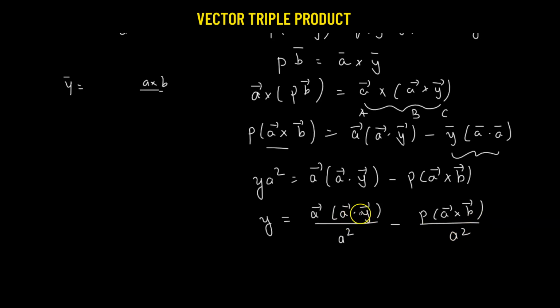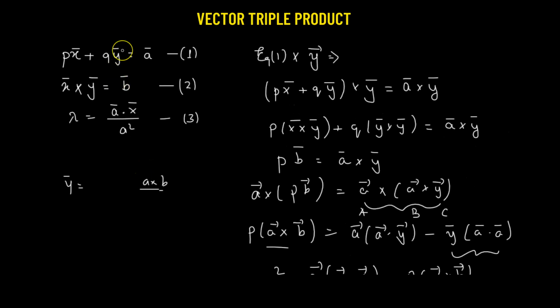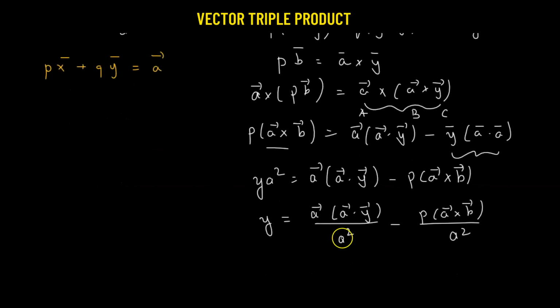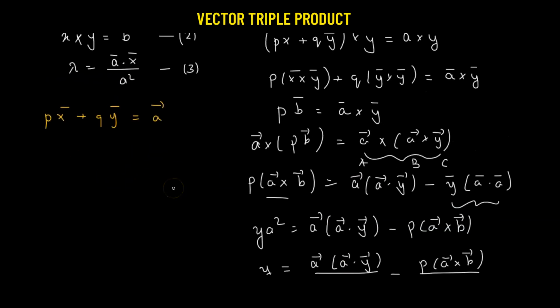Now the task will be to determine the value of a vector dot y vector. For that, we again go to equation number 1. We have p x vector plus q y vector equals a vector. What we need to find is a vector dotted with y vector, so we'll take a vector and dot it with both sides.